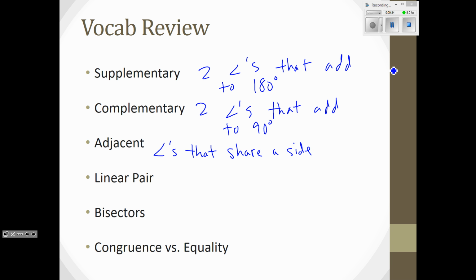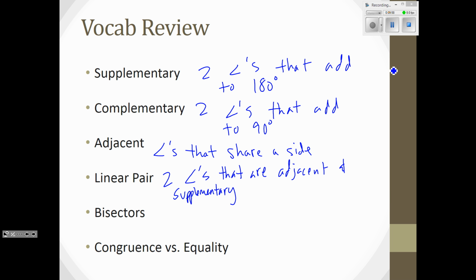Bridger? Okay, so these are two angles that are adjacent and supplementary. Okay? So in short, they form a line, right?